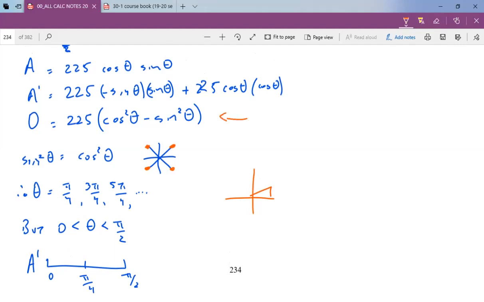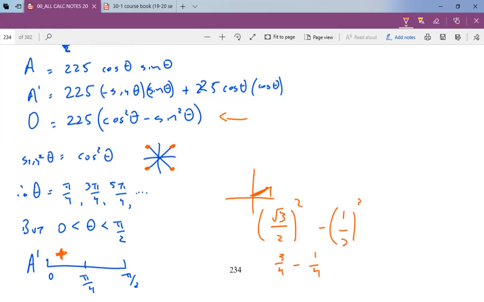A prime is this formula here, 225 times cos squared theta minus sine squared theta. Cos theta at this point is root 3 over 2, and we're squaring it. Sine at that point, we're squaring it. And when we do this subtraction, we get 3/4 minus 1/4. This is positive. This interval will be increasing.